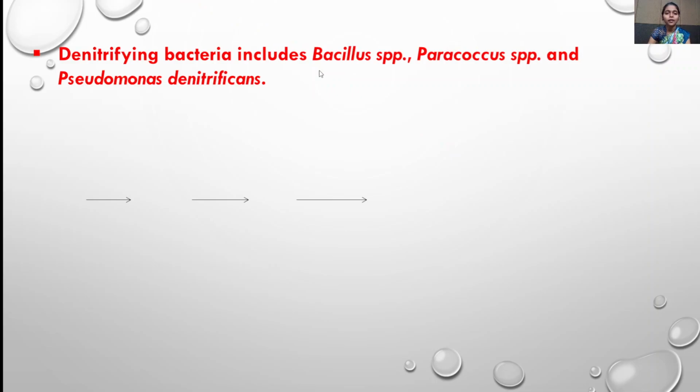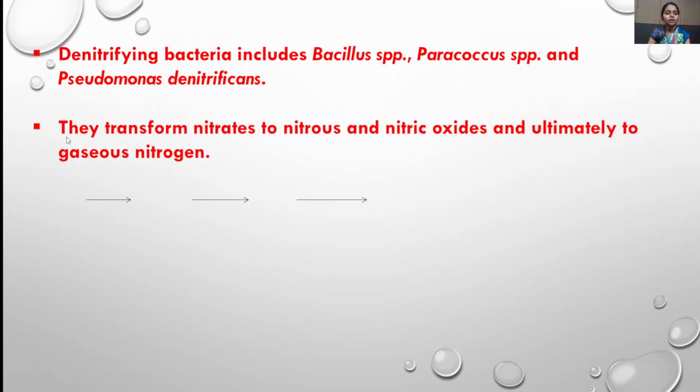Denitrifying bacteria include Bacillus species, Paracoccus species, and Pseudomonas denitrificans. They transform nitrates to nitrous and nitric oxides and ultimately to gaseous nitrogen.